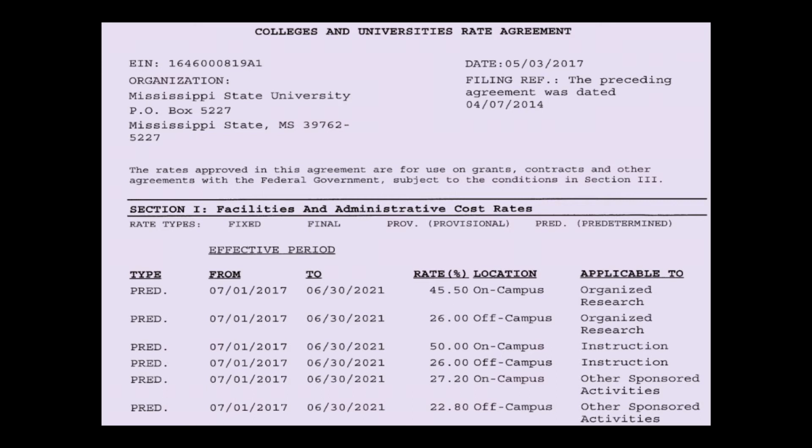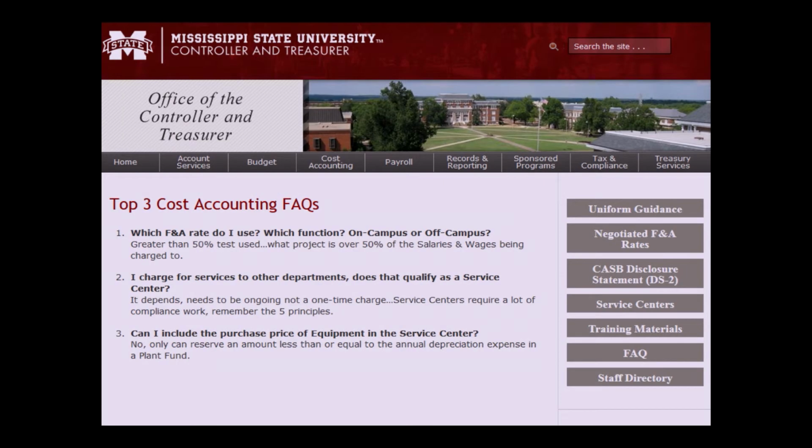Since a greater than 50% test is used, which function is greater than 50% of the salary and wages being charged to, and is the building owned by MSU? The answer to these questions will help determine the correct F&A rate to use for your sponsored project. The second cost accounting FAQ: I charge for services to other departments. Does that qualify as a service center?